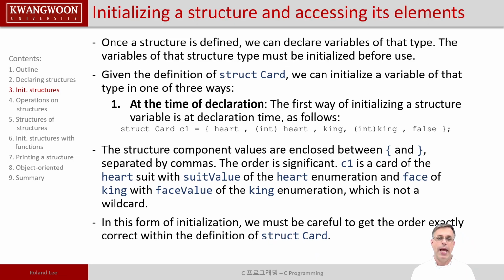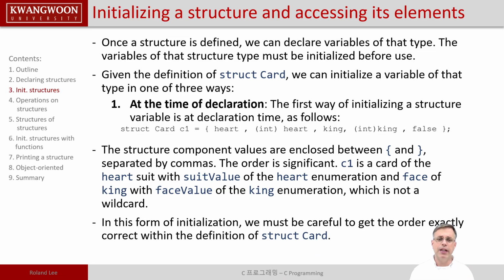First one, at time of declaration. The first way of initializing a structure is at declaration time as follows. Here you go, here you see it. The structure component values are enclosed between curly brackets, separated by commas.